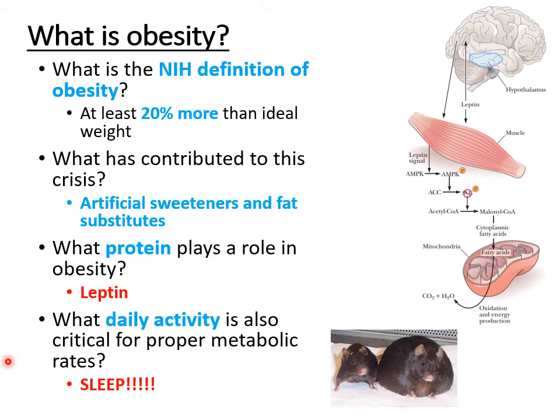Now, in addition to what you eat and how active you are, there is a daily activity that is very critical for proper metabolic rates and weight, and surprisingly, it is sleep. And they found that in studies looking at sleep, when you have just even a week of reduced sleep, the subjects in those studies ultimately began to show resistance to insulin, which ends up making them very similar to having type 2 diabetes.